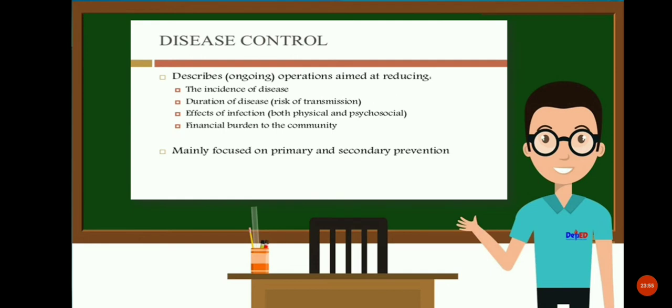This describes ongoing operations aimed at reducing the incidence of disease, the duration of disease, risks of transmission, effects of infections, both physical and financial burden to the community, mainly focusing on primary and secondary prevention.